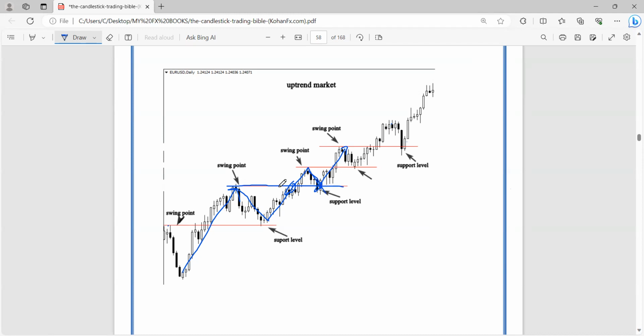This is referred to as a retest because at some point it had failed to go past that level, or it had already touched it in some previous instances and it has gone back to that level again, hence bringing out the idea of a break and retest.